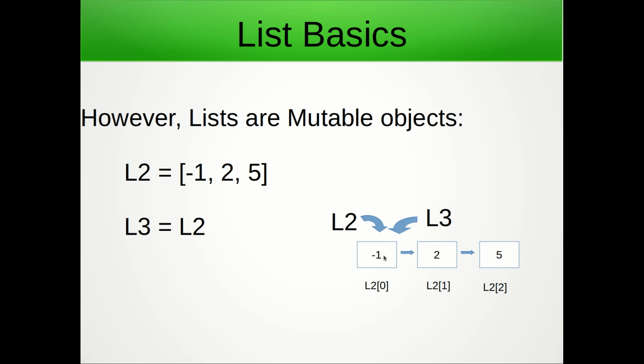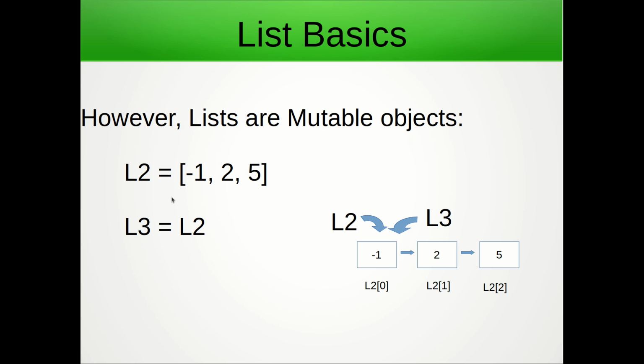But that does not happen to lists. Most data types in Python are immutable, but lists are mutable. Okay, so we can change whatever is in them. So in this case, I have initialized one list with elements -1, 2, 1, 5, and we can see the nice indexing here from 0, 1, 2.